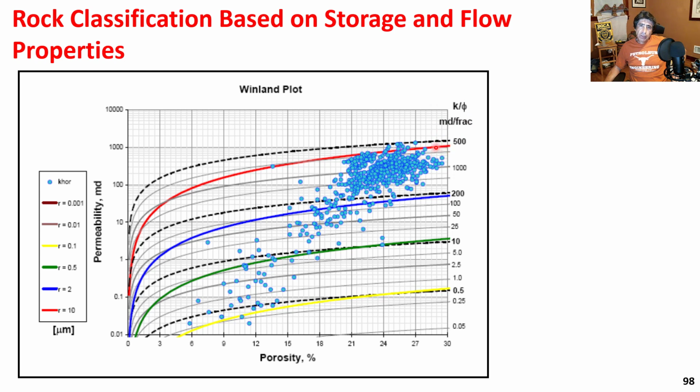So we draw these dashed lines, such that all the points along the dashed lines have the same K over porosity ratio. And this is typically the case in clastic rocks, where the decrease in porosity is due to the increase of cementation, keeping the aspect ratio of the pores constant.